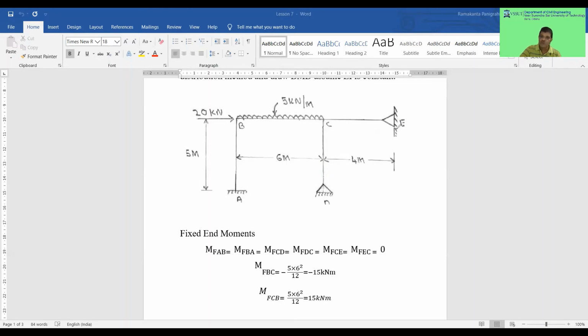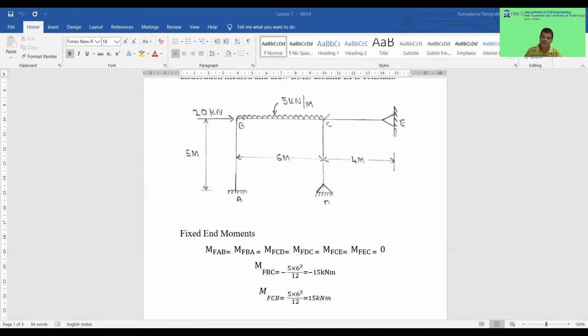No load means MFAB, MFBA, MFCD, MFDC and MFCE will all be equal to 0. Unless there is a load, how will moments come? So there will be no fixed end moments.